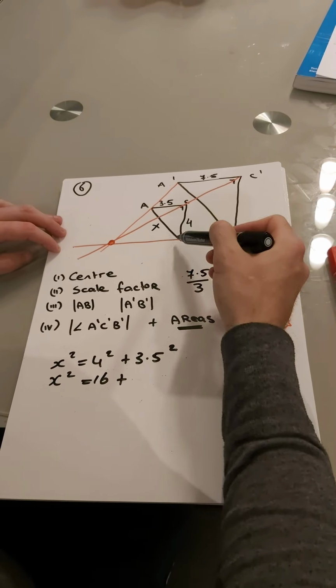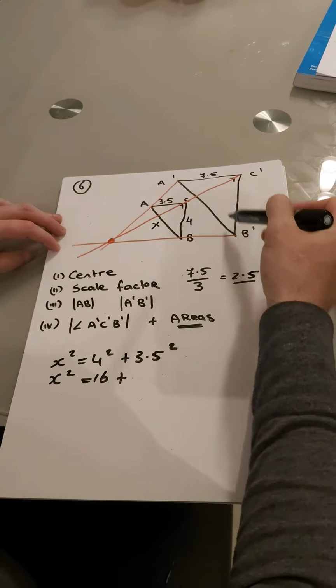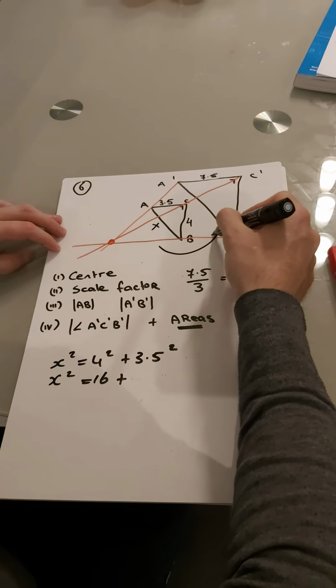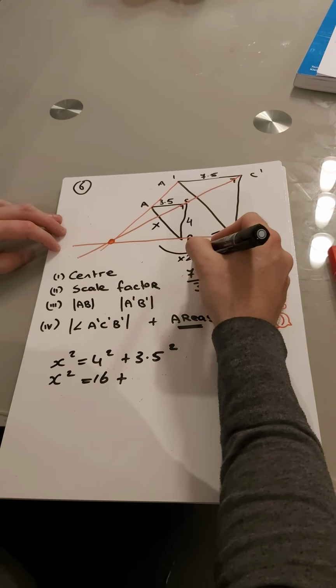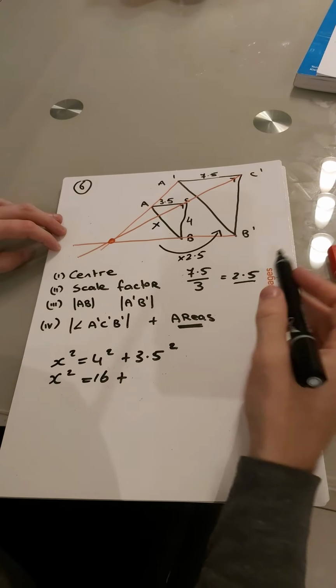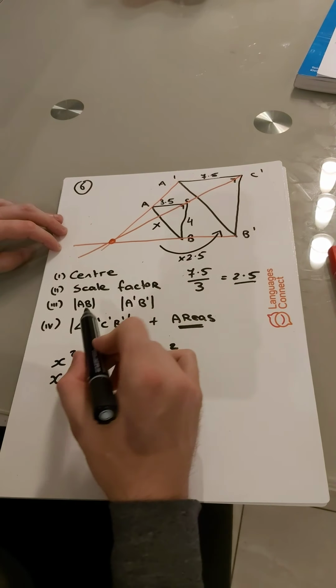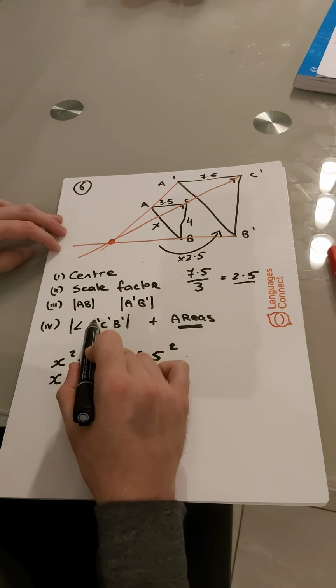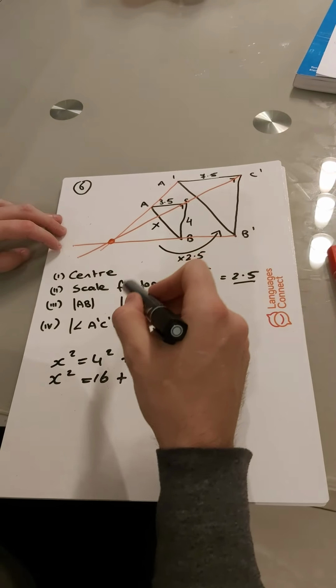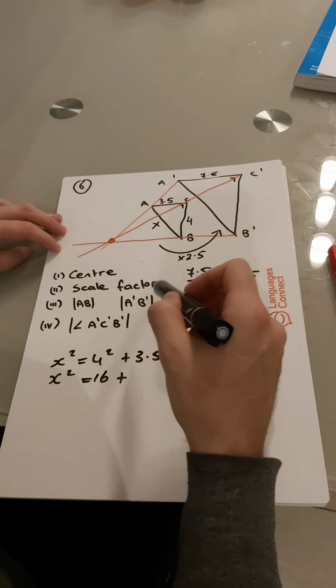Once we have AB, we can find A dash B dash by multiplying by 2.5, which is the scale factor. And then they're looking for the angle A dash C dash B dash.